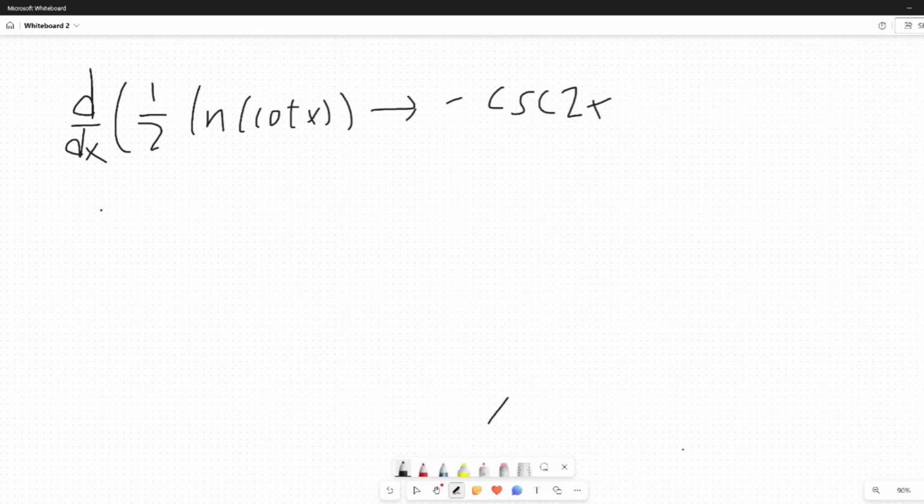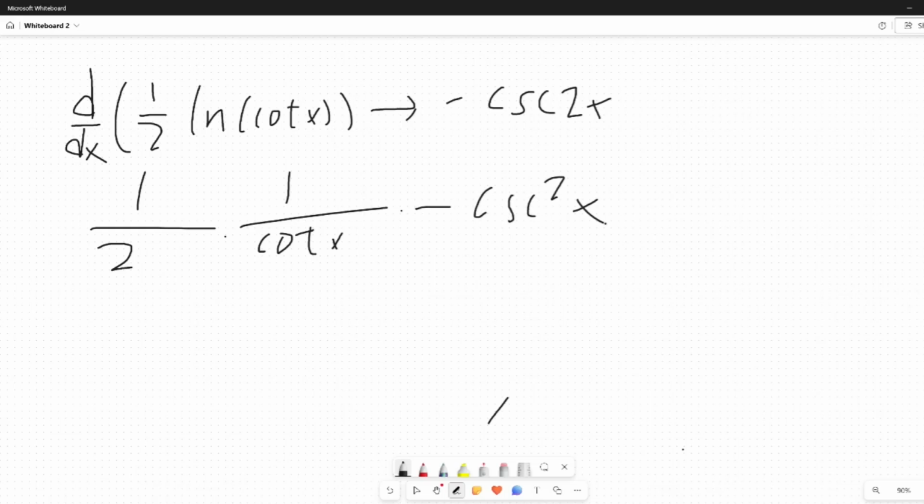We keep the 1/2 in front, and since this is ln, we take the derivative, which will be 1 over cotangent of x, and using the chain rule, the derivative of cotangent of x is negative cosecant squared of x.